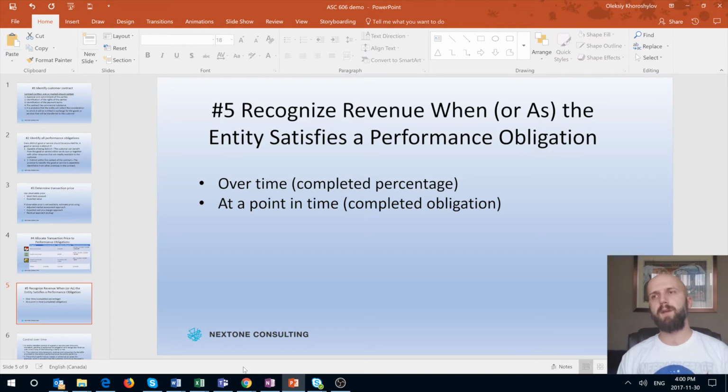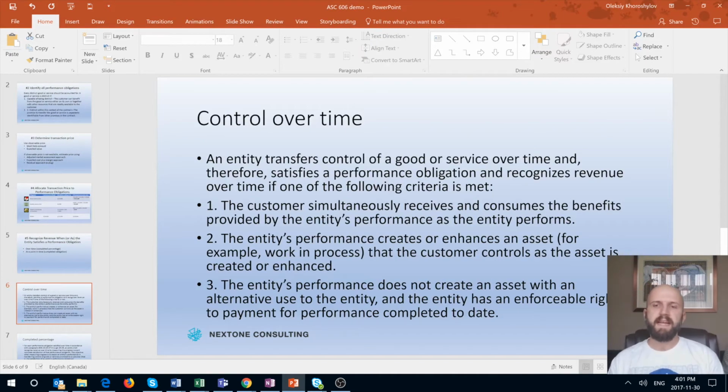So let's talk about the qualifying criteria for each of those principles, because both can be applied, but we need to determine whether we should recognize revenue over time or at a point in time. An entity transfers control of a good or a service over time, therefore uses the completed percentage principle, and therefore satisfies a performance obligation and recognizes revenue over time if one of the following criteria is met.